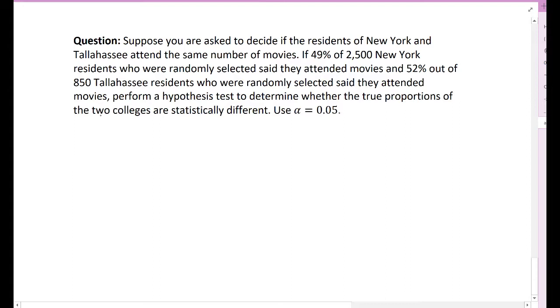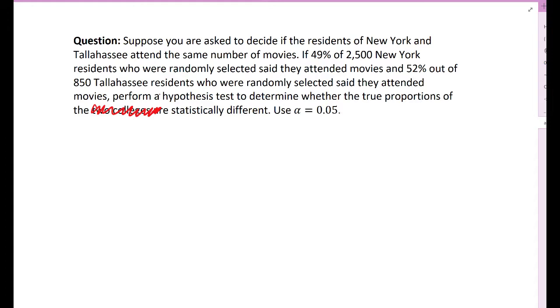Oh, that's a typo, not the colleges, but if the two proportions are statistically different, meaning are the proportion of residents in New York attending movies at a different rate than the residents of Tallahassee.